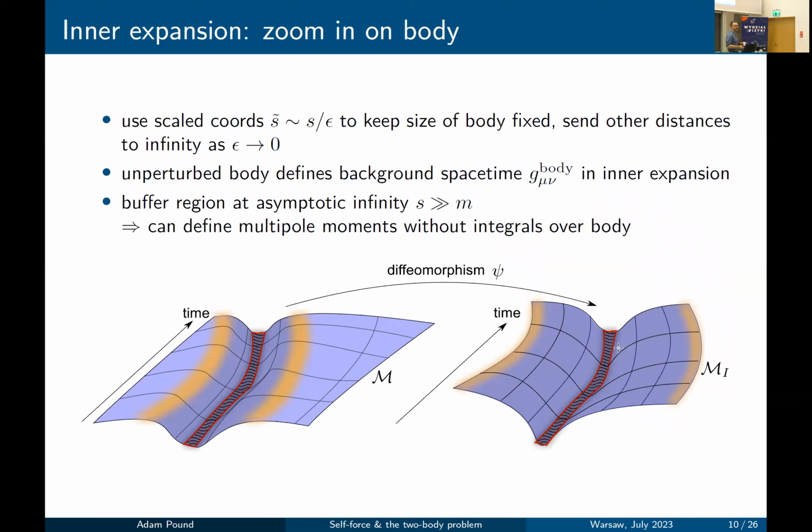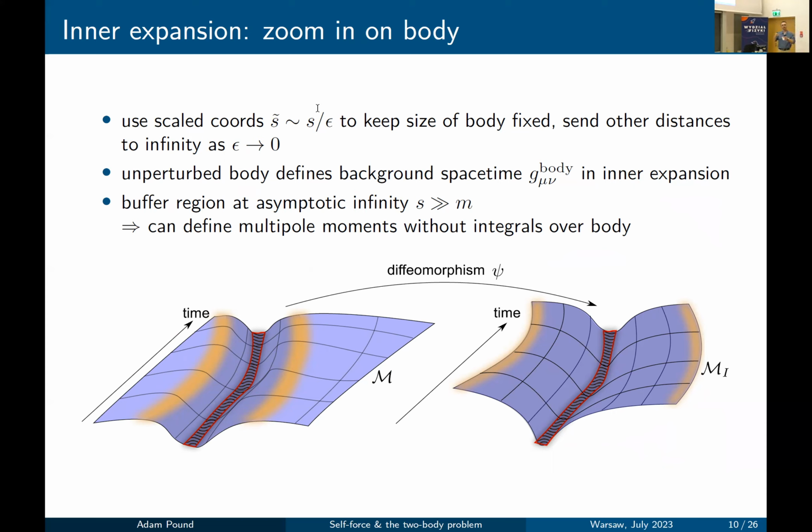Now, how does the inner expansion work? It's basically just a new expansion in powers of epsilon in terms of different coordinates, coordinates that now are zooming in on the small body as epsilon goes to 0. So we just introduce scaled coordinates where the distance from the body is now scaled by 1 over epsilon. So this s tilde is of order 1 when s is of order epsilon. And now we just do a perturbative expansion in the limit as epsilon goes to 0, holding s tilde fixed.